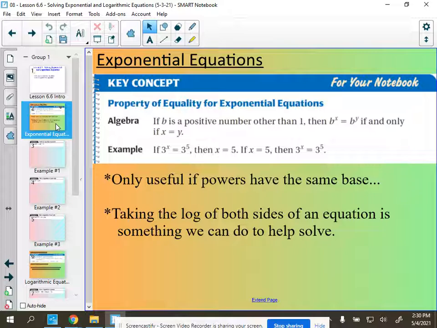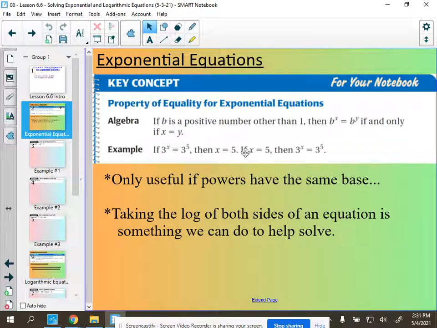There's a simpler version. Basically, if we have the same base, this is a perfect example right here. If we have the same base, 3 to some power is equal to 3 to some power, the only way that this could ever be true is if those exponents were the same. And I know obviously we can look at this and say, of course, x has to equal 5.